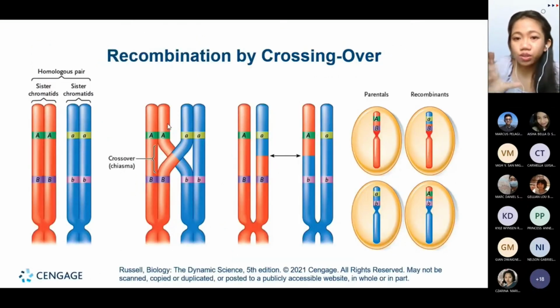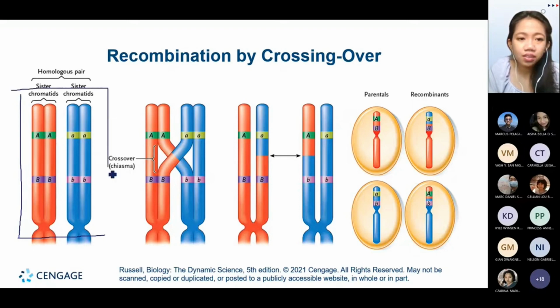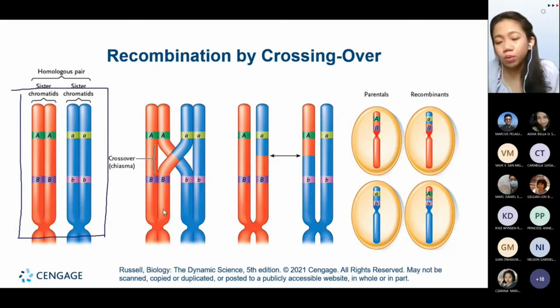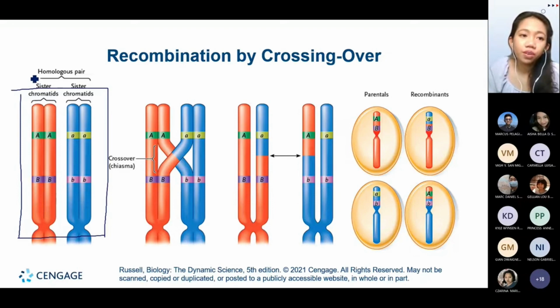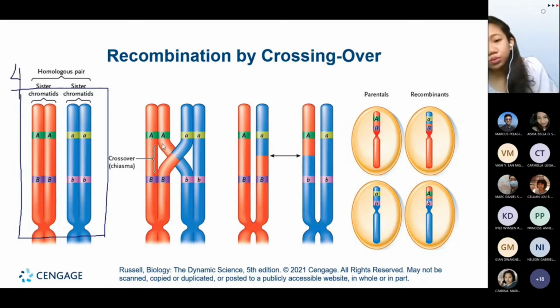Alright, so this is just a visual representation of what just happened. Ano ulit tawag dito? Sister chromatids na to as homologous chromosomes. And there are 4 of them. What do you call the pair of homologous chromosomes?